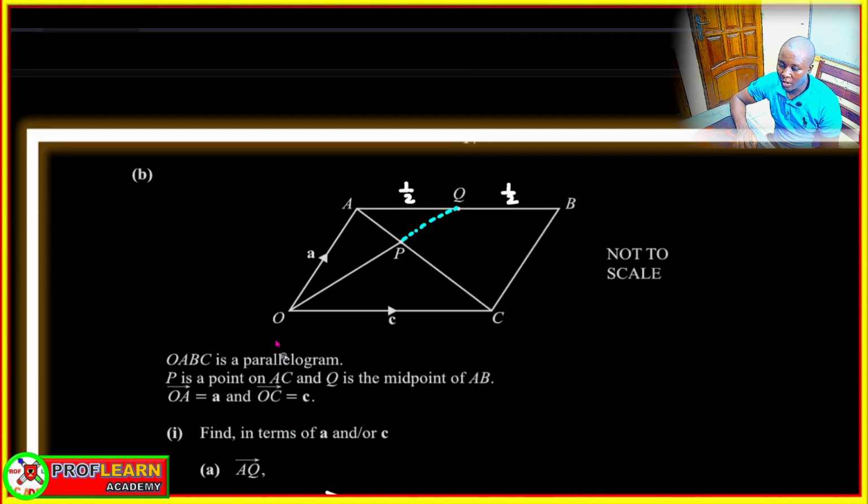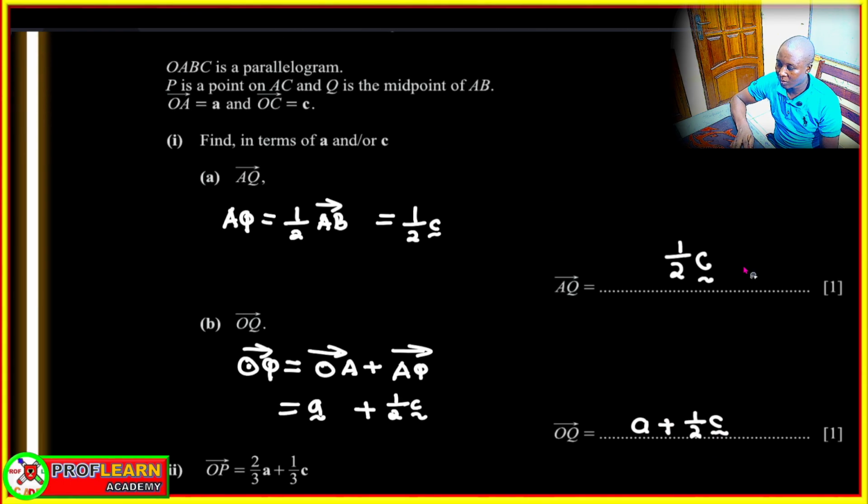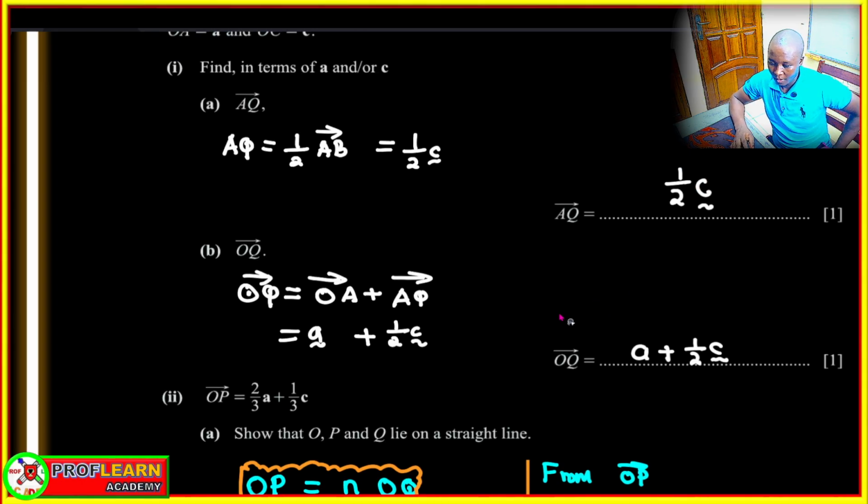For OQ, we move from O to A, then we add A to Q. So it will be A plus a half C.